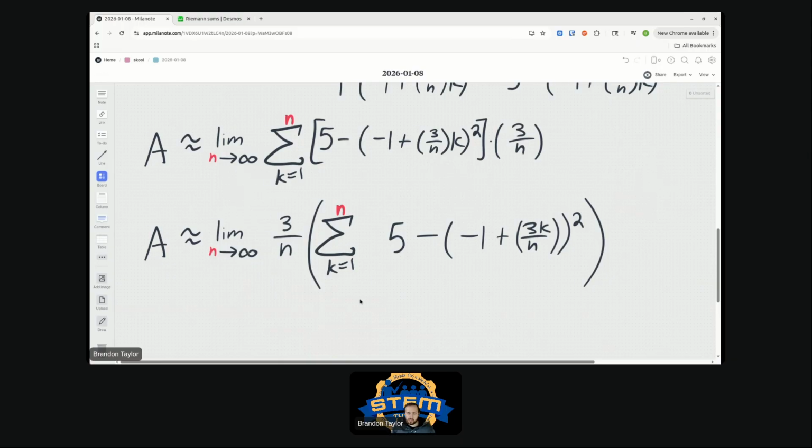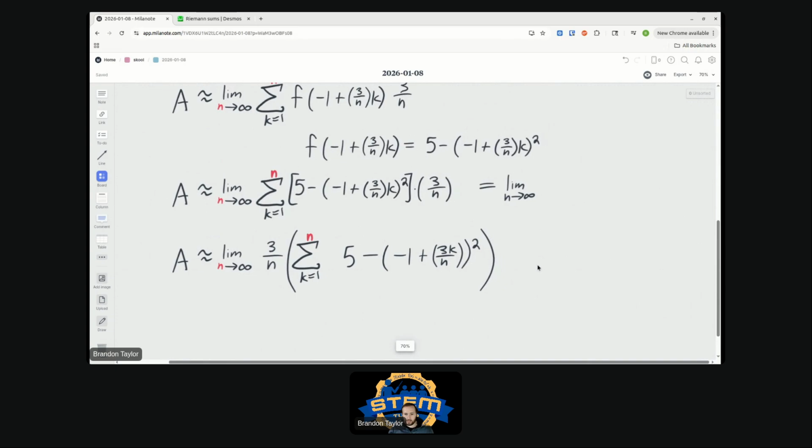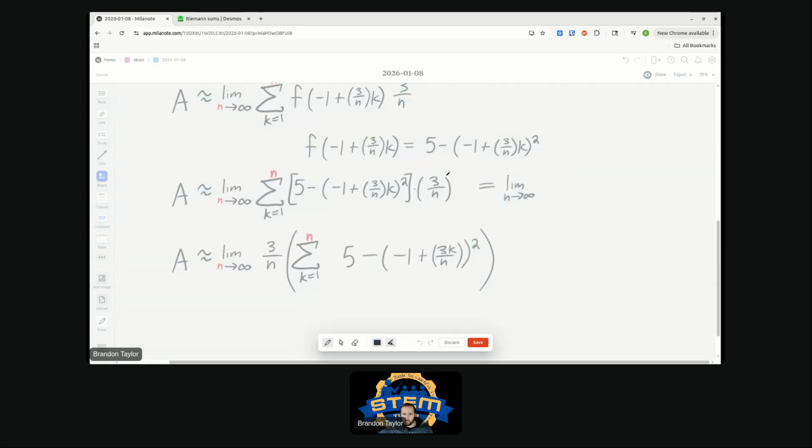Again, I know this is super abstract, so let's actually talk about what we're doing here. We're doing the limit as n goes to infinity. Just to understand the trick we're pulling, what would the first term be if k is equal to 1? The first term would be 5 minus (-1 plus 3 over n) squared, times 3 over n.